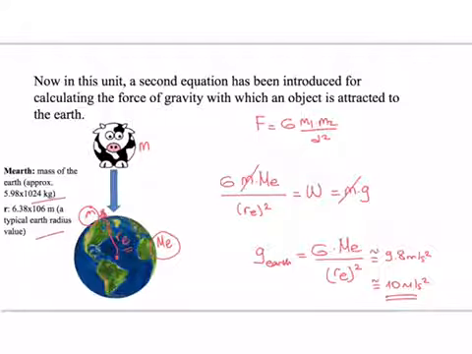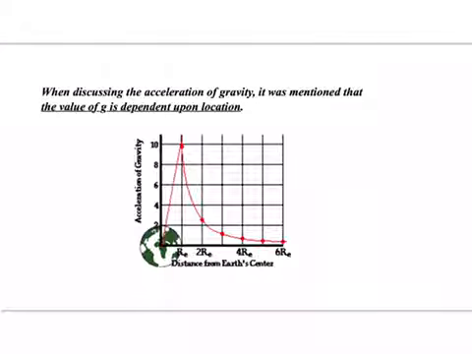When discussing the acceleration of gravity, it was mentioned that the value of g is dependent upon the location. You have the maximum g value at the surface of the earth, where the distance to the center of earth is the radius, which is equal to 10. As you go further from the surface of the earth, the g value decreases proportional to 1 over r square.